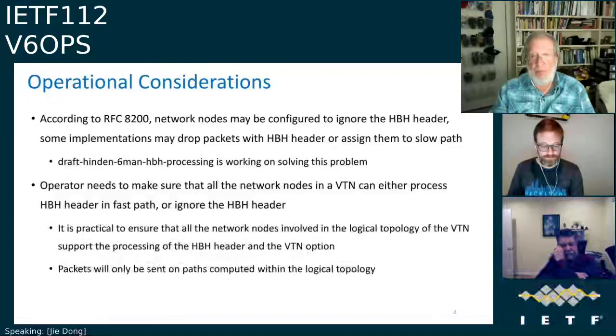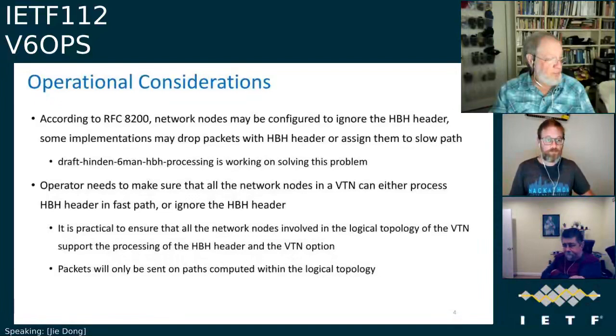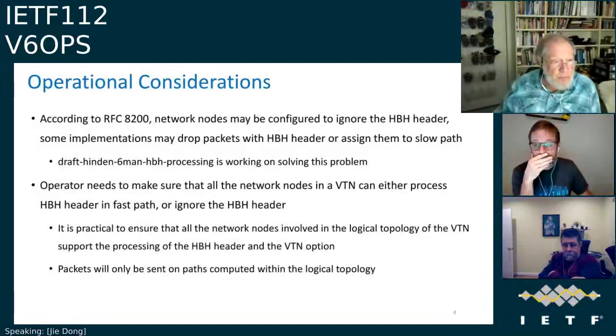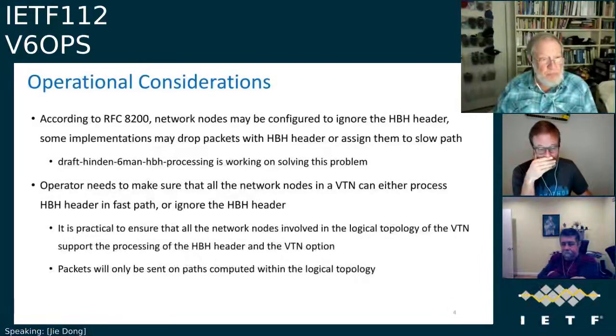Here are the operational considerations we described in the draft. We know that according to RFC 8200, network nodes may be configured to ignore the hop-by-hop header, and there can be implementations that drop packets due to the hop-by-hop header. And luckily, the hop-by-hop processing draft is working on solutions to solve this problem.